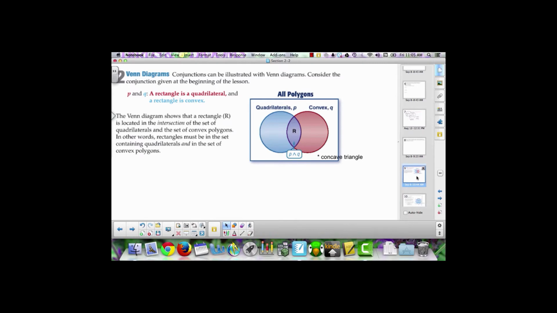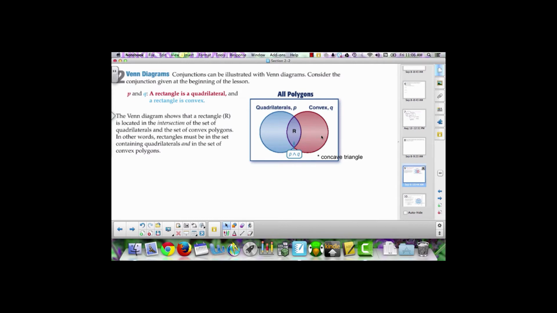Venn diagrams can help us figure out the truth values of conjunctions or disjunctions. This is an example of our conjunction Venn diagram. We have our two statements, a rectangle is a quadrilateral, a rectangle is convex. So here, this blue circle represents the rectangle being a quadrilateral.